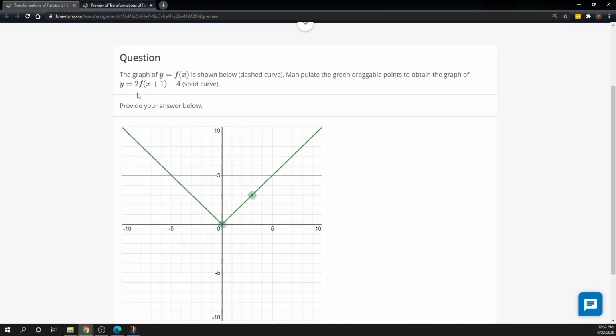And then the next thing is to figure out what transformations we need to make, starting with y equals f of x to get to y equals 2 times f of x plus 1, minus 4.